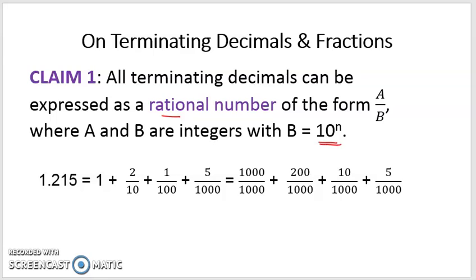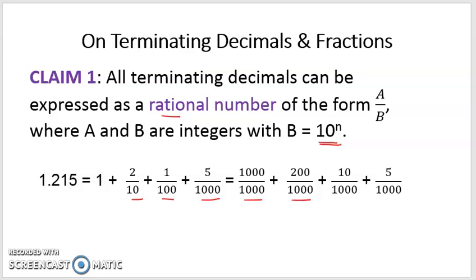The first example of that is 1.215. What fraction does that represent? What you can do is expand that. 1.215 is 1 plus 2 tenths plus 1/100th plus 5 thousandths using the place values of decimals. Write those all over a common denominator, say 1,000. So 1 becomes 1,000 over 1,000. The 2 tenths becomes 200 over 1,000.